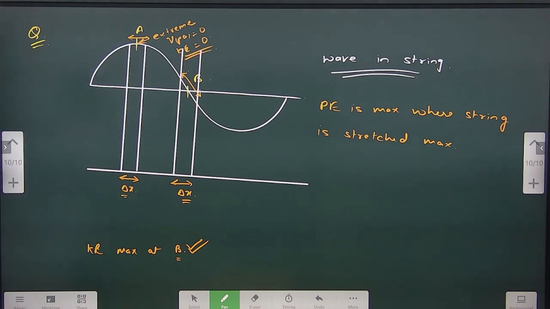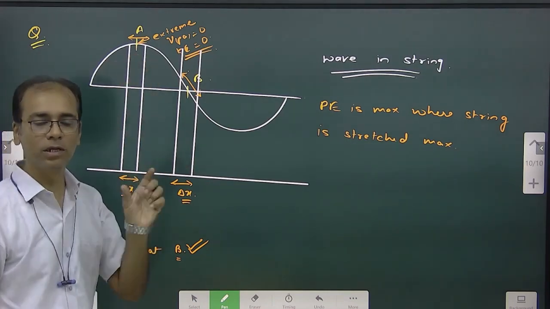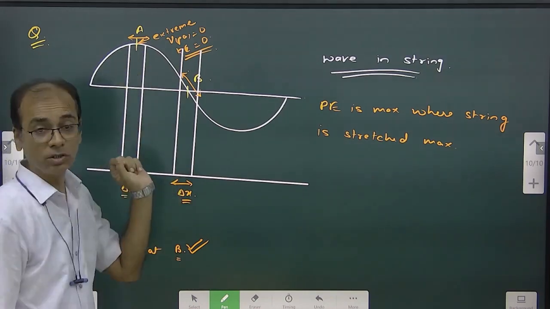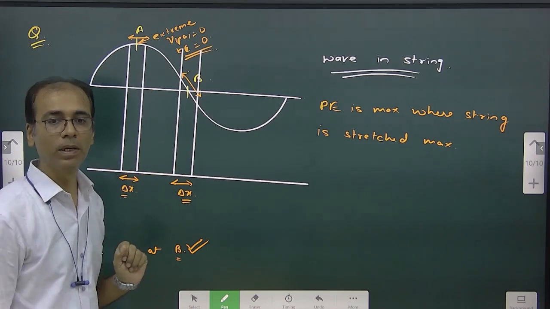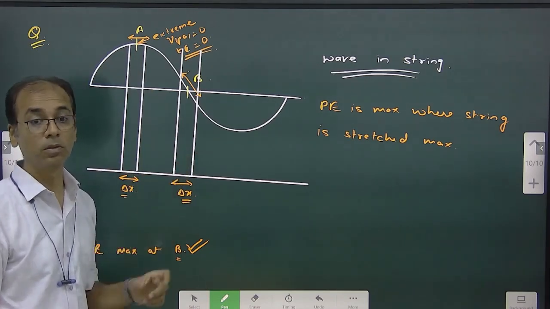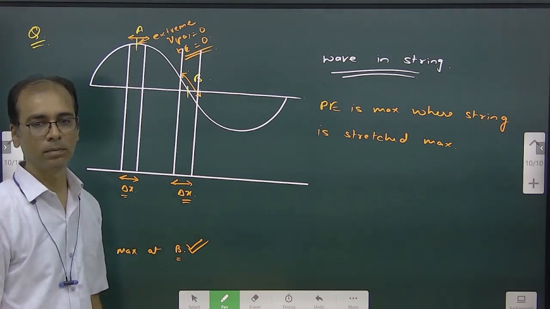Point B it is more. Okay. It's like a spring. In spring, potential energy means how much is the extension. At A, extension is very less. At point B, extension is more. So potential energy is also maximum at B.